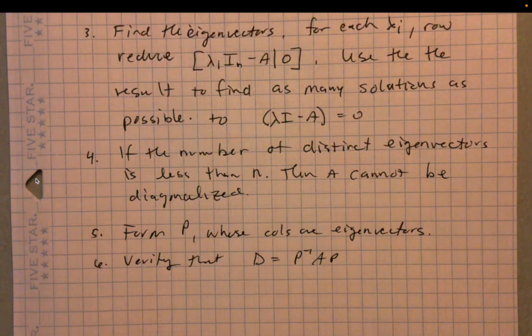Okay? Simple, right? Well, yes and no. It's relatively straightforward, if you're comfortable with all of these concepts of solving systems, of finding determinants, etc. If you're comfortable with all of that, this is not impossible, but it can be computationally involved. It can be very computationally involved depending on the matrix.